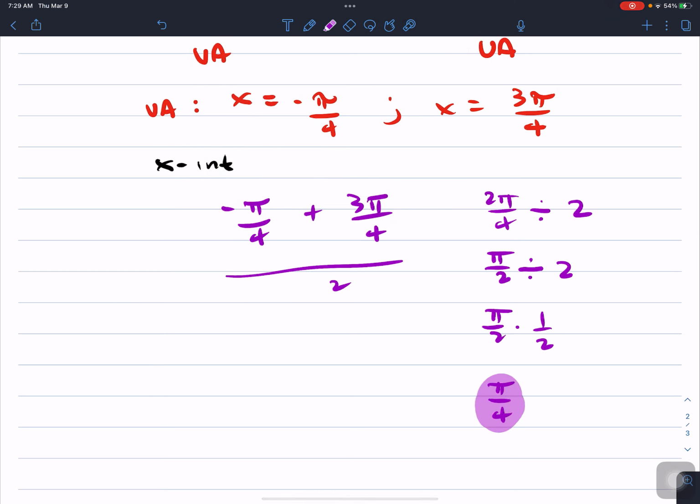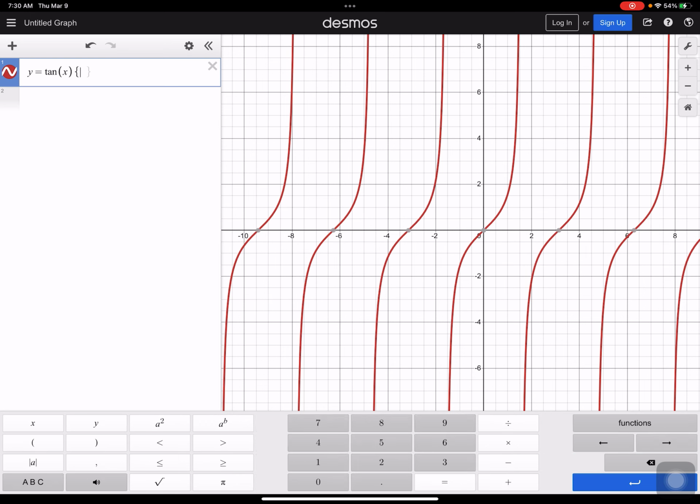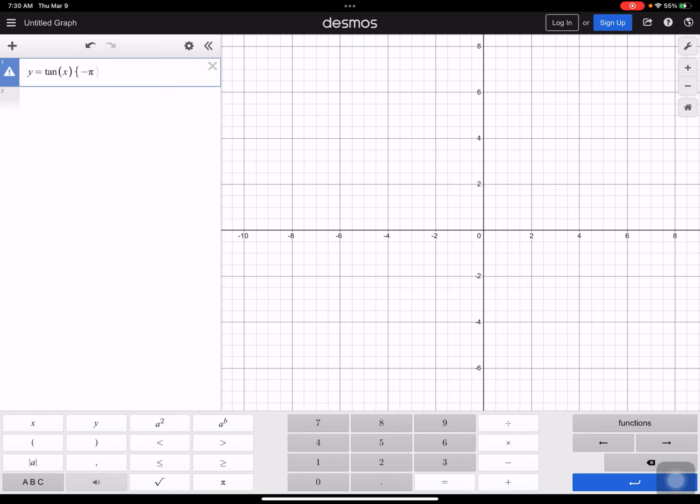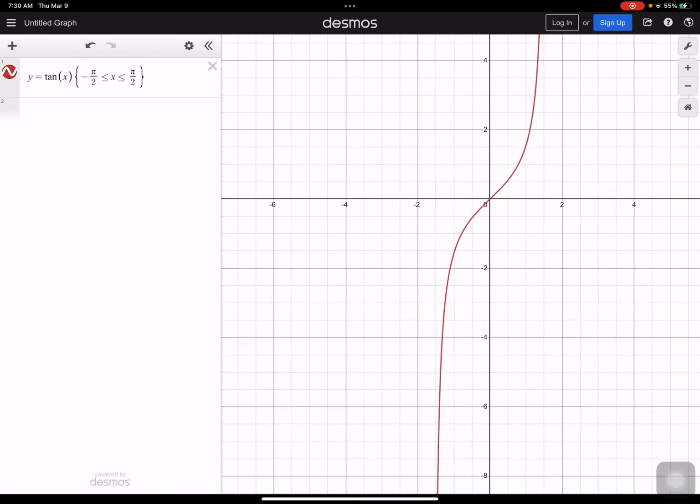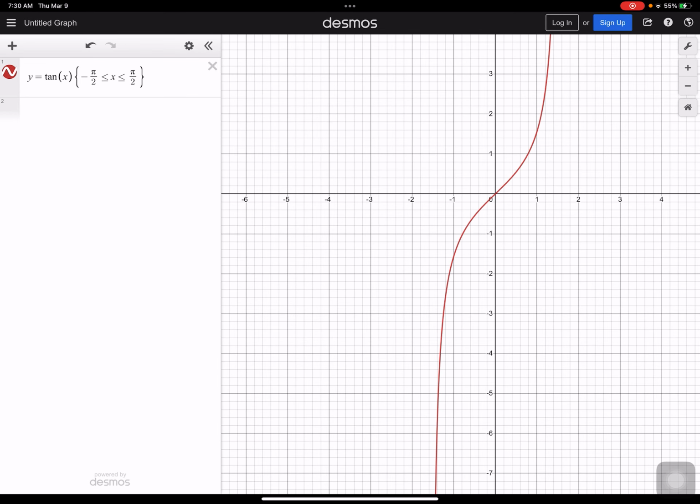The interval of one cycle for the tangent curve is going to be negative pi over 2 less than or equal to x, less than or equal to positive pi divided by 2. That's your interval of one cycle. That's your tangent curve, and it goes through the origin.